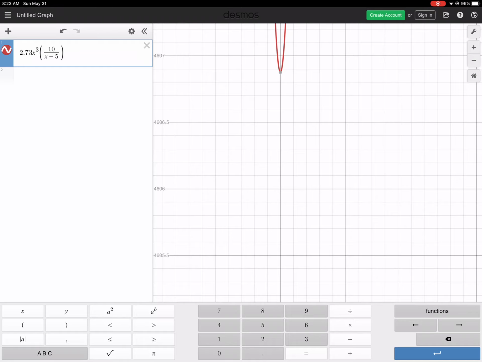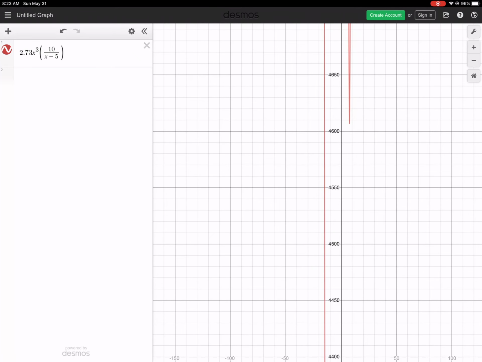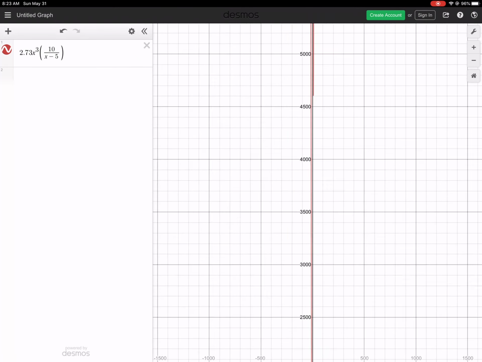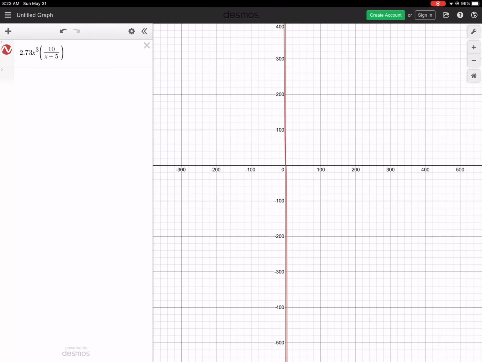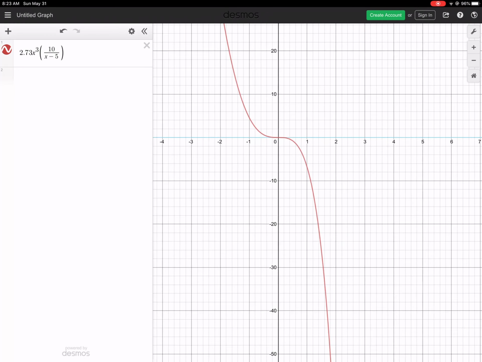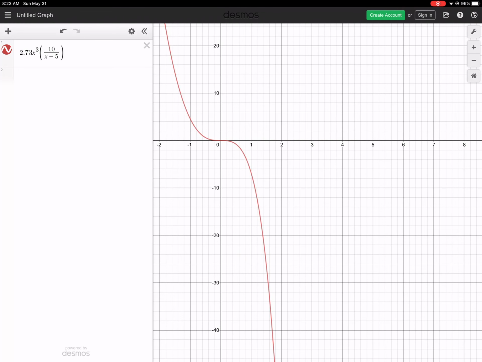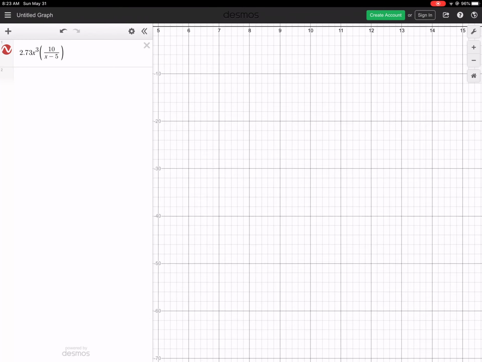And what we need to do is find a minimum for this equation. I'm going to go back to the origin, and you can see as I widen it out that I have what looks like a cubic, but I'm going to put in the corner because I can't point.